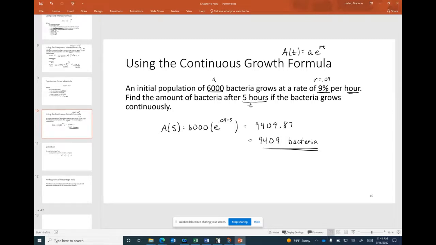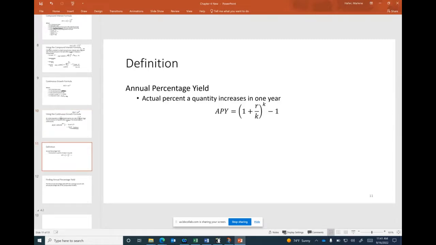All right, just a couple more concepts in this unit. Jumping back over to financial applications. What is an annual percentage yield? Well, an annual percentage yield is the actual rate of return on an investment that's being compounded.